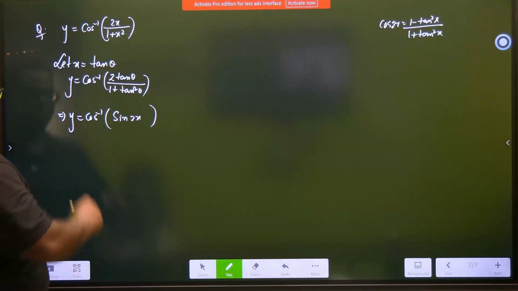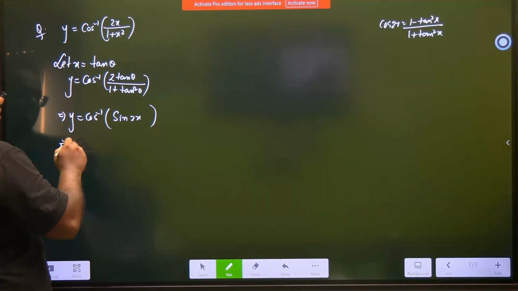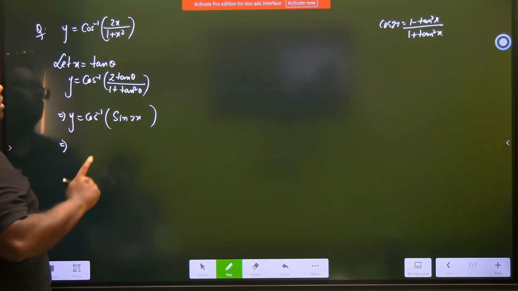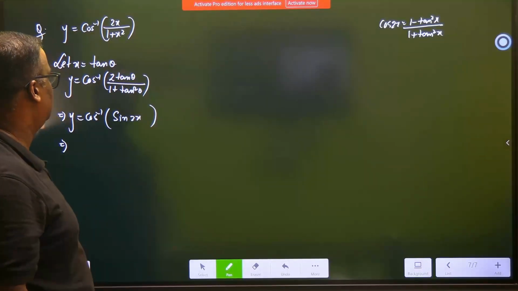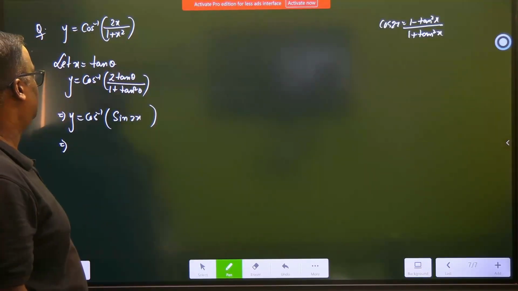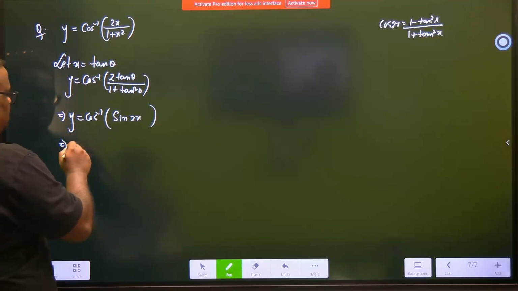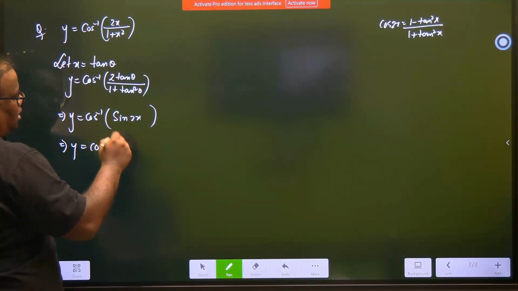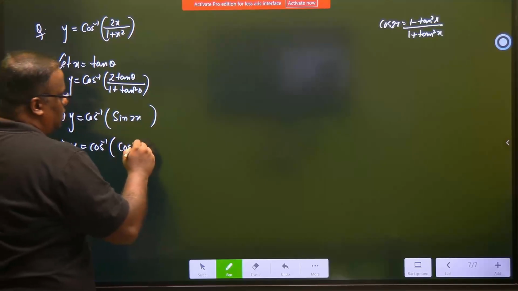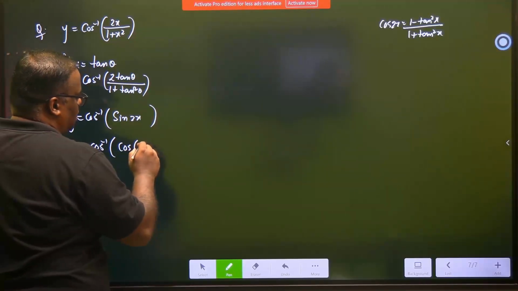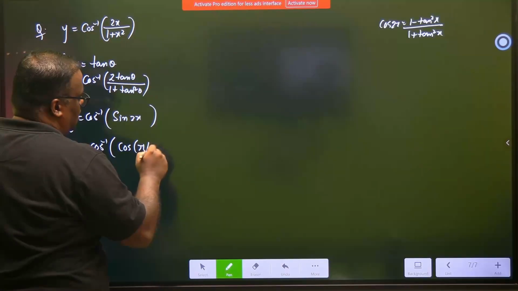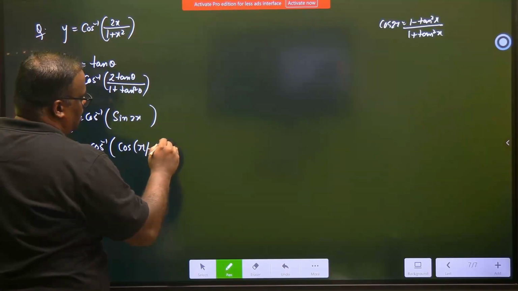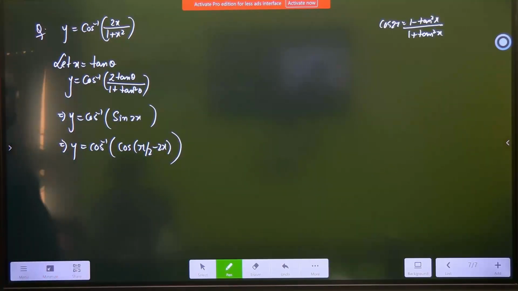Clear? So we can write y is equal to cos inverse of cos of (90 minus 2 theta), since cos of 90 minus theta is sin theta. Cos of 90 minus theta is sin theta. Clear?